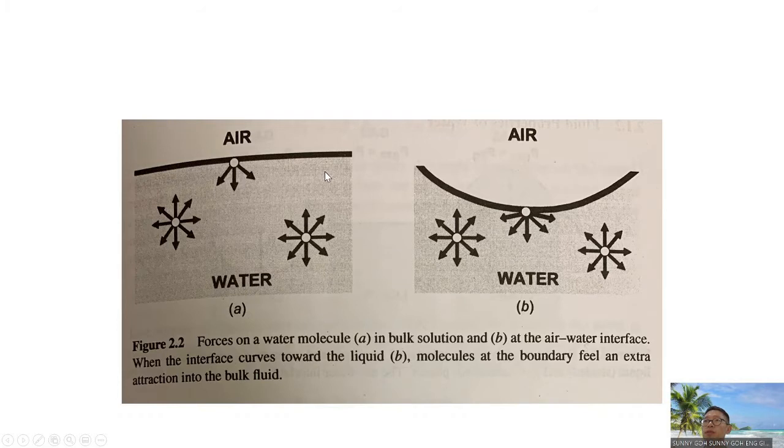So this diagram shows two figures, figure A and figure B. Figure A has a horizontal surface area of water, and figure B has a cave-in surface area.